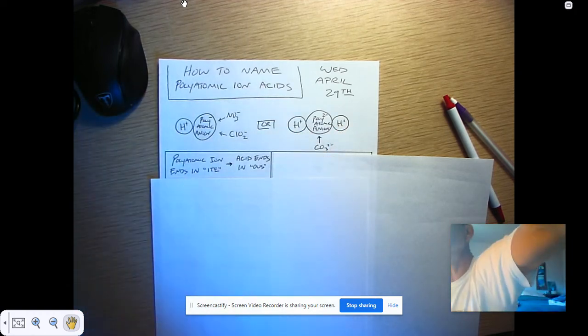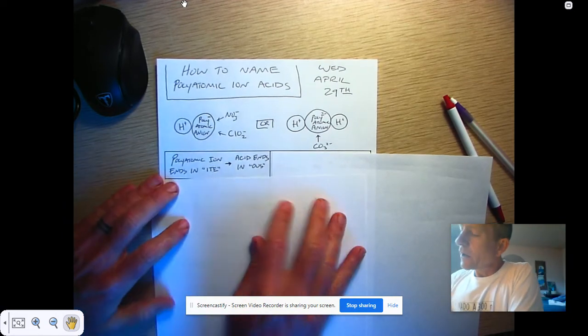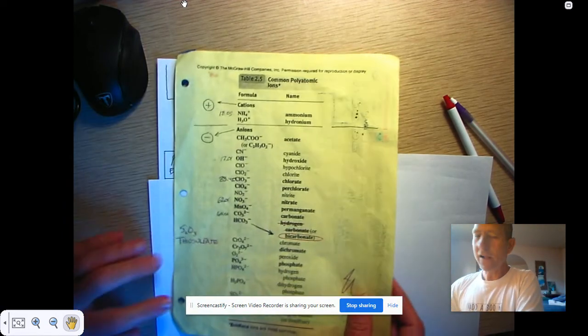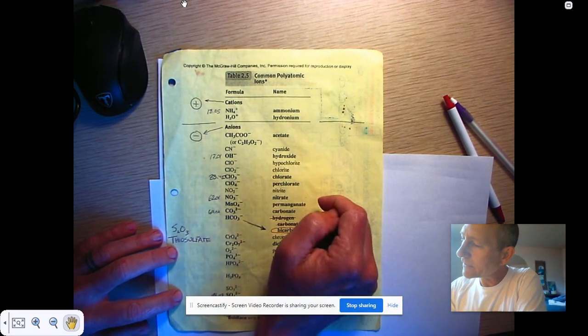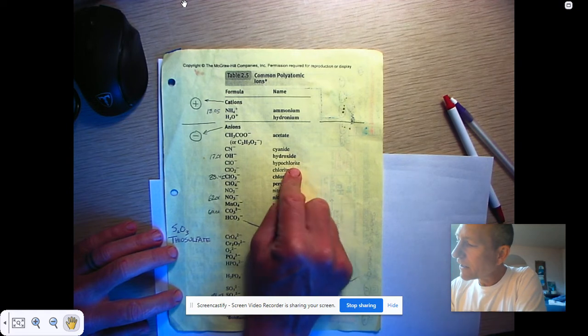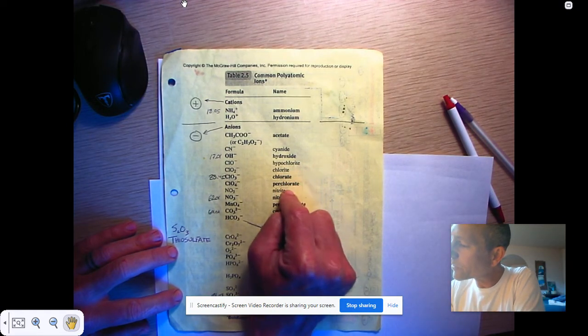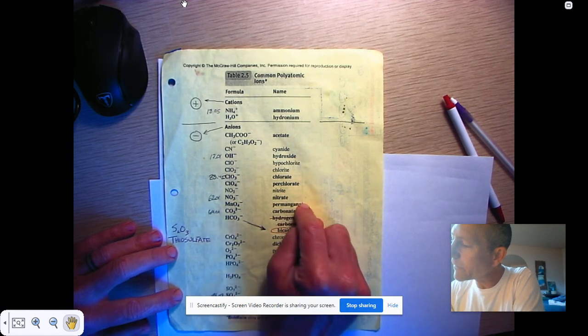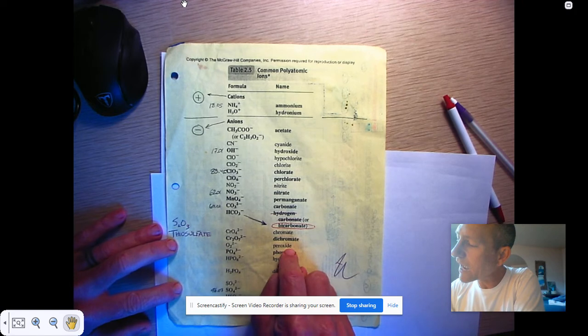Okay, so if you look at these polyatomic ions here, you'll notice something. Acetate, cyanide, hypochlorite, chlorite, chlorate, perchlorate, nitrite, nitrate, permanganate, carbonate, chromate, dichromate, peroxide.